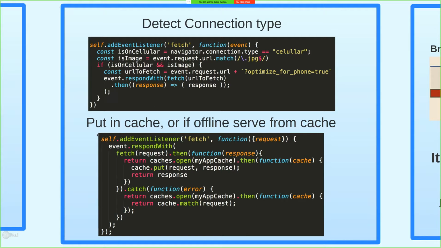The second example, though, is for serving from an offline cache. So with this one, what happens is it fetches the request and then stores it in the cache. However, if the fetch fails, it will then resort to the cache and say, hey, did I store this already?